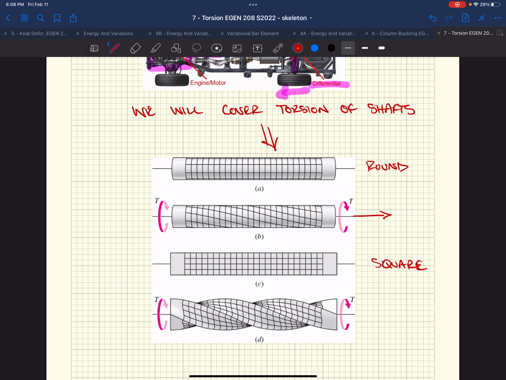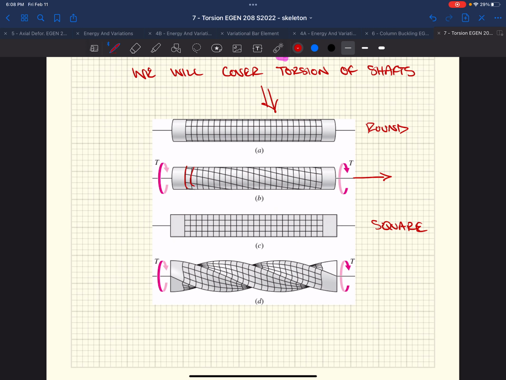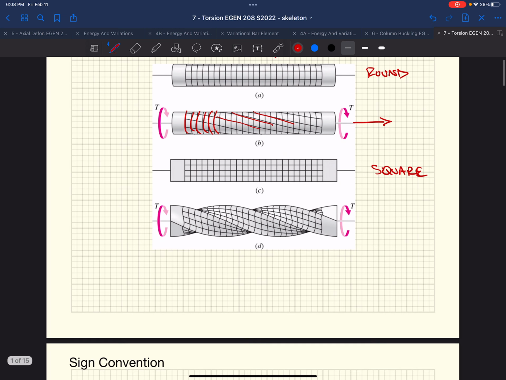If it's round, all these lines in this grid would continue to be straight lines. Plane sections remain plane. We do have curvature, or rotation, and we'll talk about that in a second, but a round shaft remains plane perpendicular to the axis.